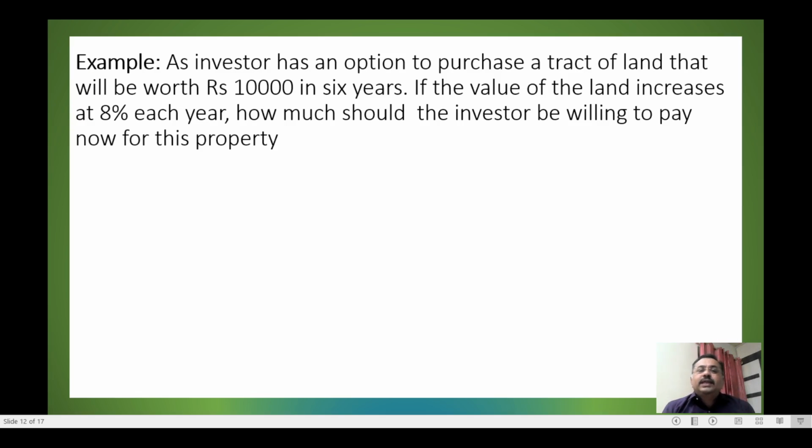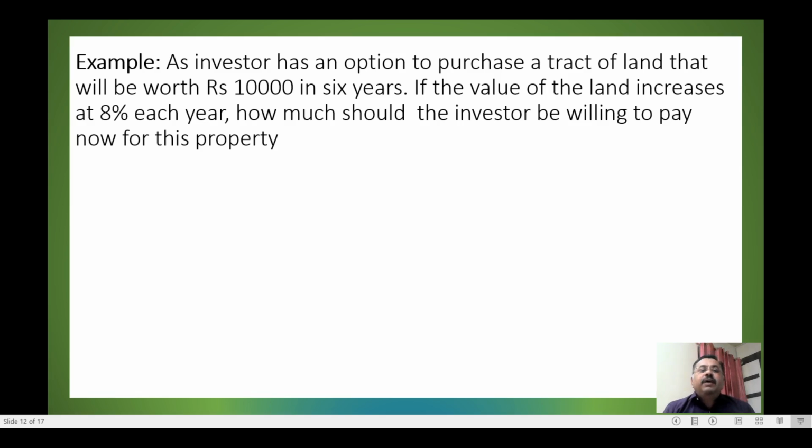Let us see one more example. An investor has an option to purchase a tract of land that will be worth 10,000 rupees in 6 years. If the value of land increases at 8% each year, how much would the investor be willing to pay now for this property?